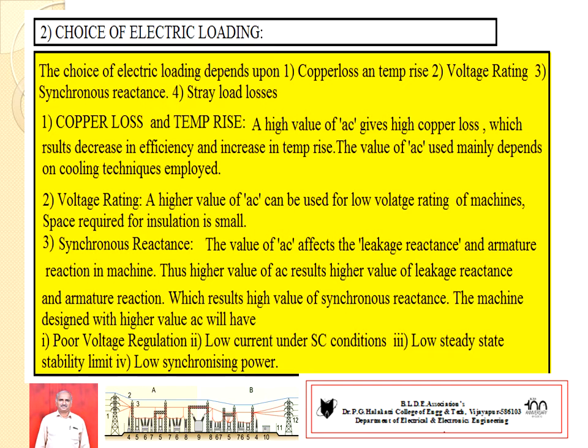If we select a higher value of AC, there is more development of leakage reactance and armature reaction, which results in a higher value of synchronous reactance. A machine designed with a higher value of AC also has: number 1, poor voltage regulation; number 2, low short circuit current; number 3, low steady state stability limit; number 4, low synchronizing power.